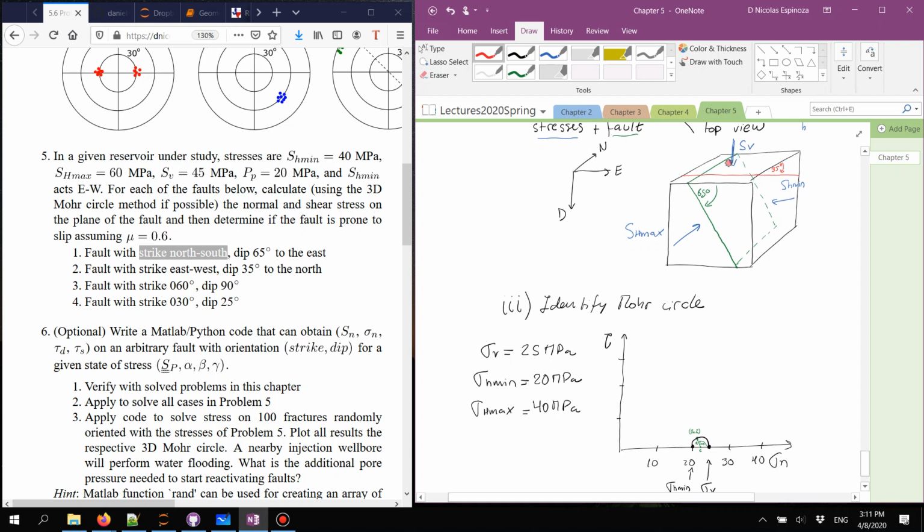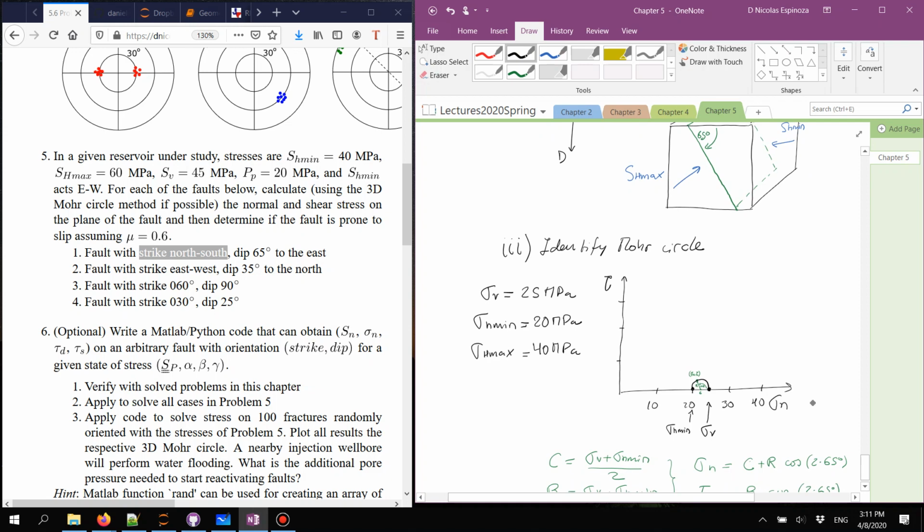And the stresses on the Mohr circle that I need to solve this particular problem are sigma H max and sigma V. In the 3D Mohr circle, sigma H max is going to be at 40 MPa, which is going to be here.